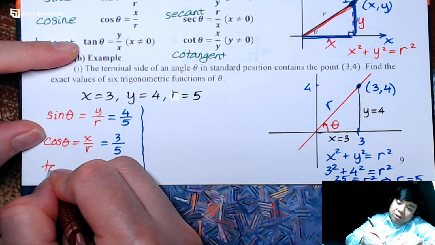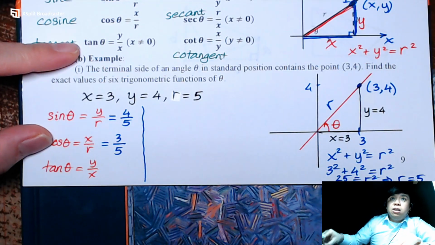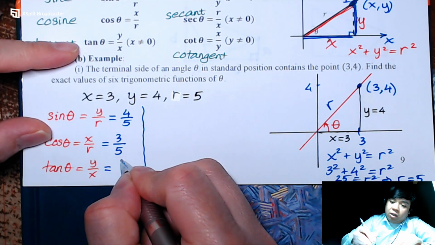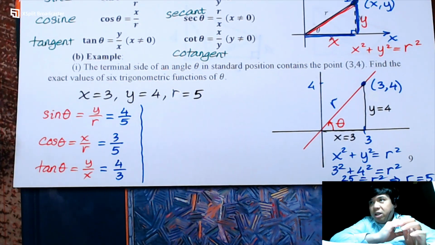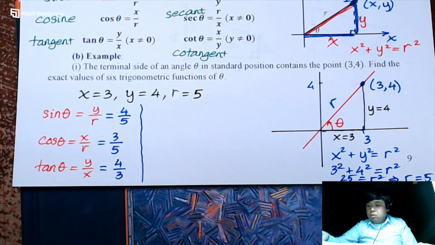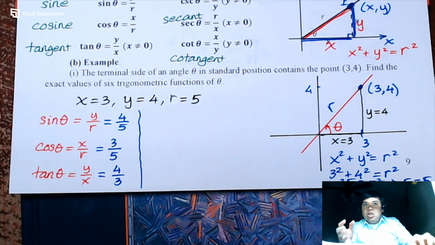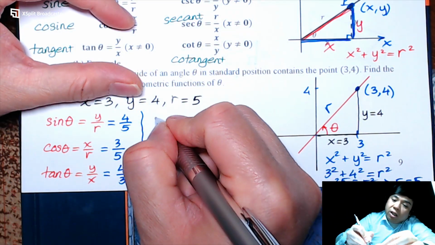Tangent is y over x. That ratio is y over x, 4/3. Okay, once again, this is just a definition. In the next section, there's a connection and it's easier to understand, easier to memorize. But for now, just a definition.